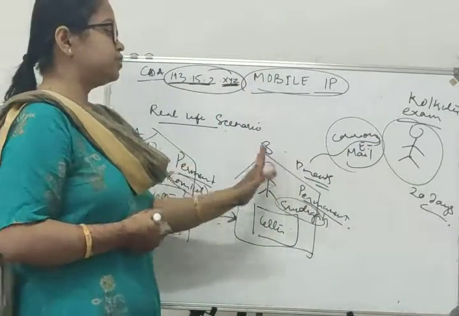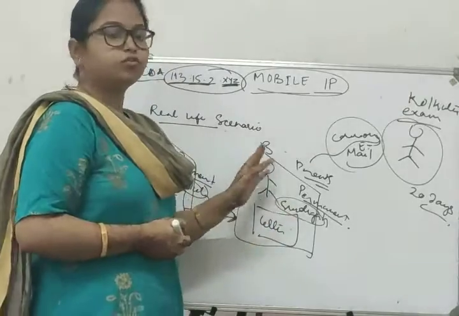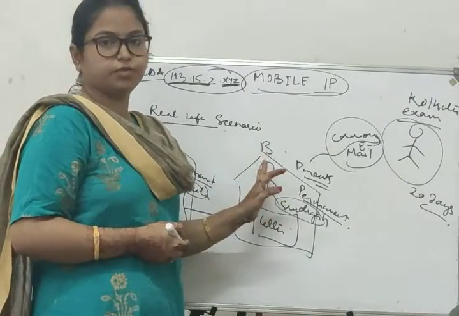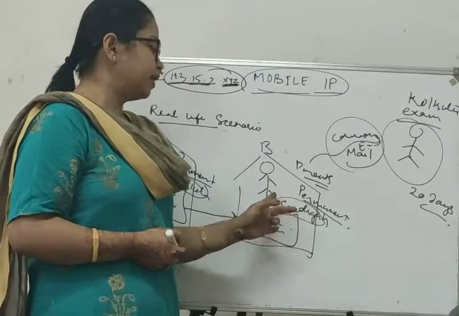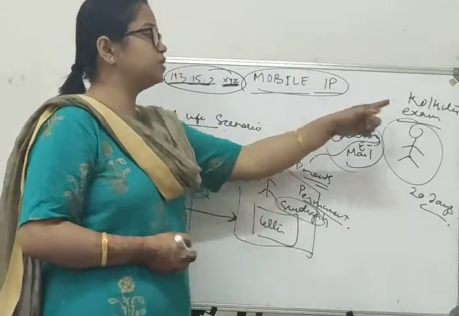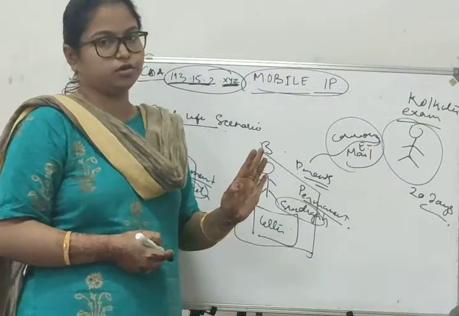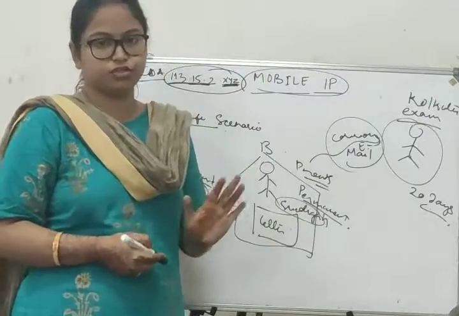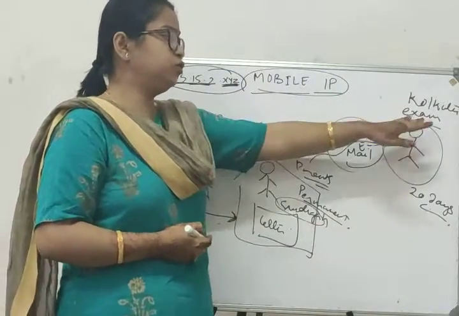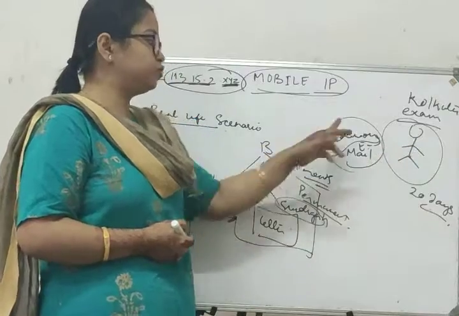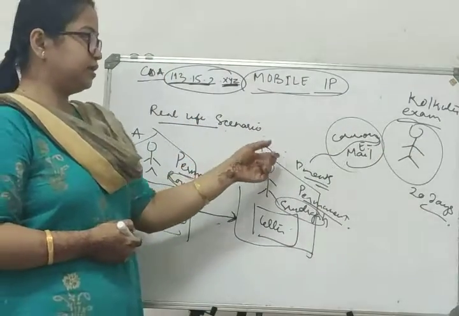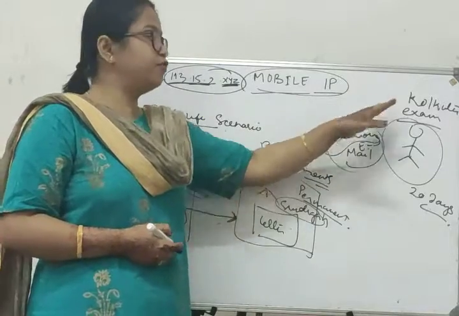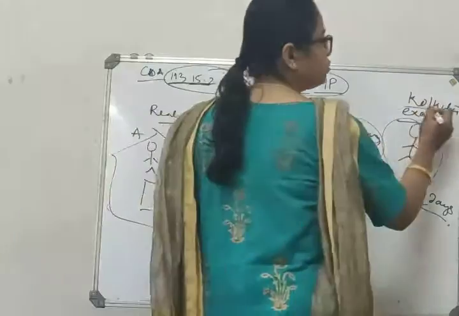But it is the home location's responsibility, the home network's responsibility, to communicate the intended message to the mobile node's current location. So to B's current location, we have to send the mail meant for him. Okay, so that is done with the help of which address? How does Kolkata come into the picture?